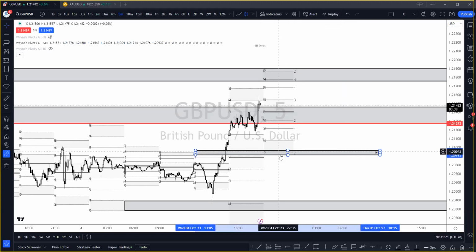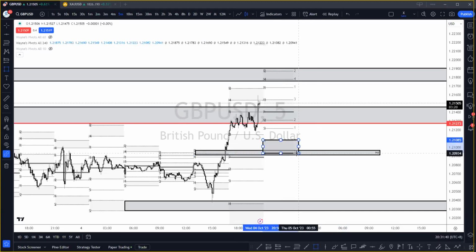If it does not bounce off this H4 level and it breaks below this S2 4 hour pivot, then your daily and your H4 will coincide on the bearish narrative, and this level here would be your 4 hour sell zone.